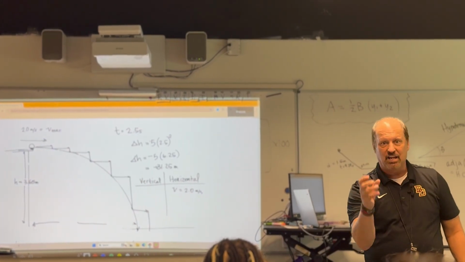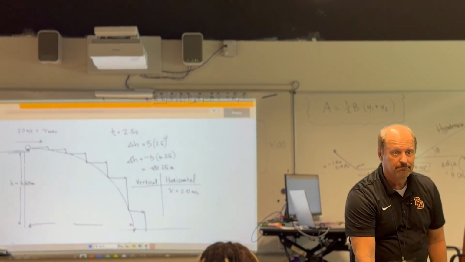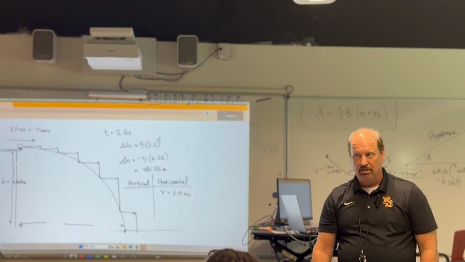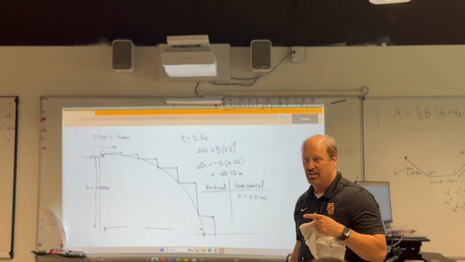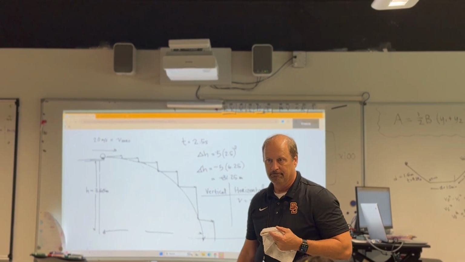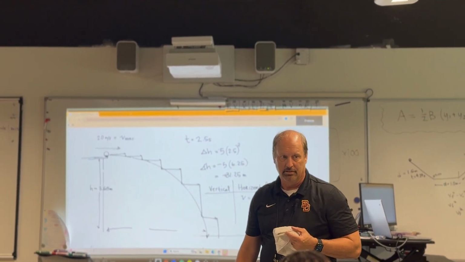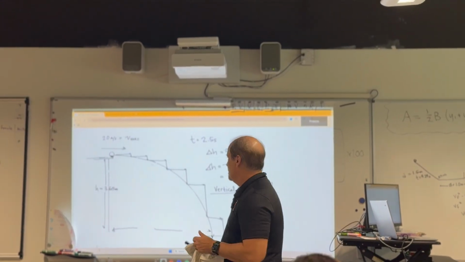But it's pulling on it all the time, on everything. That doesn't stop. And it's pulling on that thing vertically as it's moving horizontally. They are unrelated. They're just happening simultaneously.